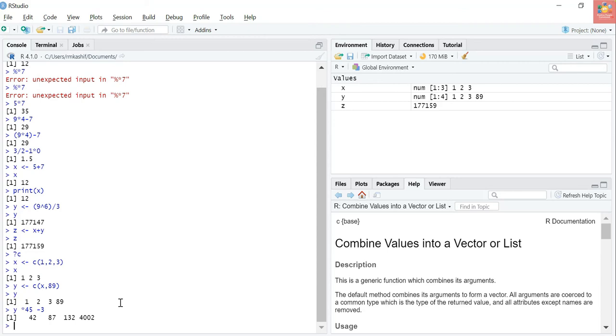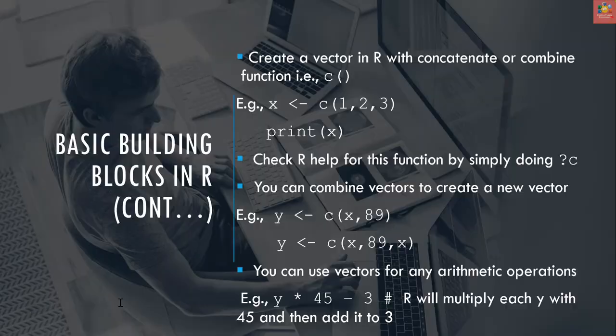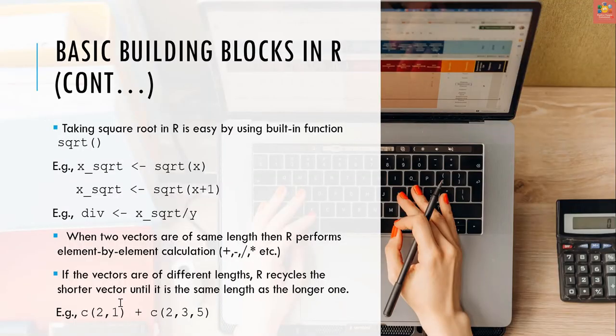So these are some basic arithmetic operations using vectors. Now let's move on to some functions, how we can use functions on a variable, some basic functions. For example, if I want to take a square root of a vector or a variable or a number in R, I will use the built-in function sqrt.